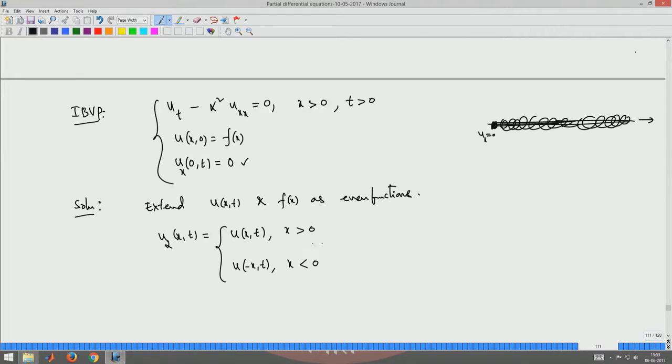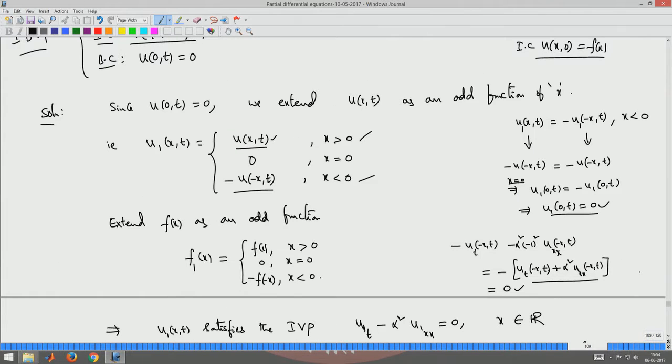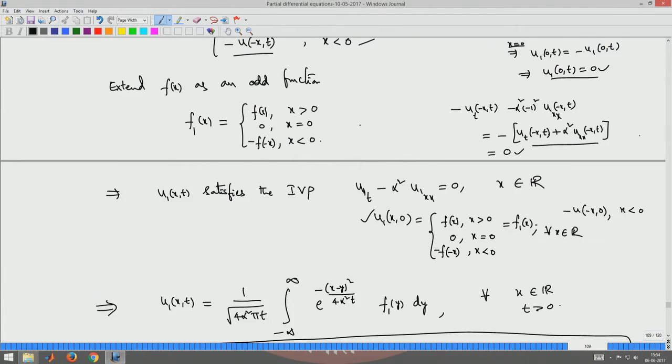Okay. In this case you do not know exactly what happens at x equal to 0. Once you extend this, at that one point you are not extending, so it is still unknown. Earlier, when you extended as an odd function, you knew the value at x equal to 0, but here it is not clear.